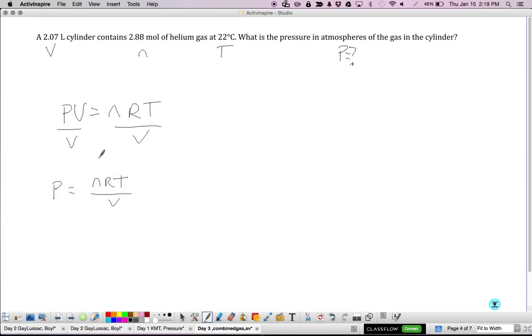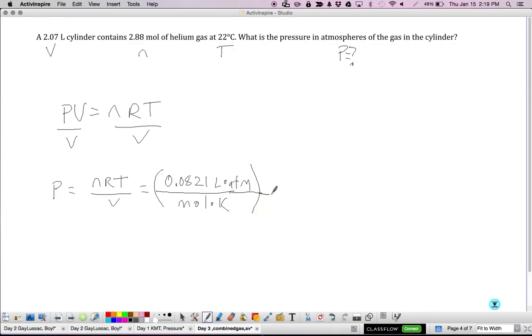Now, the units for R are kind of a mess. So I usually recommend doing R either first or last. Okay, remember this is multiplication and division, so order doesn't really matter that much. So I'm going to put it first. Okay. And I'm going to say it's 0.0821 liters times atmospheres over moles times Kelvin.